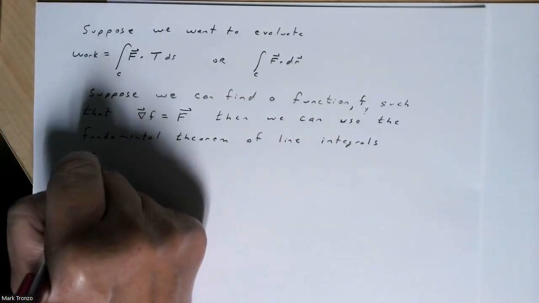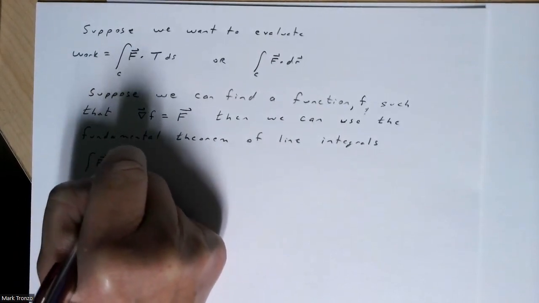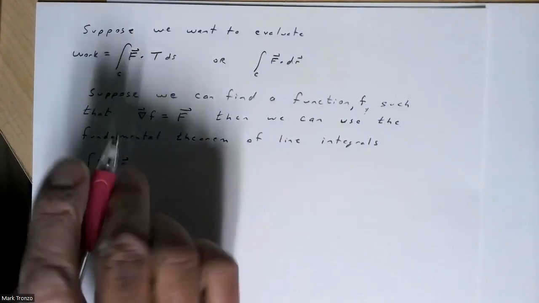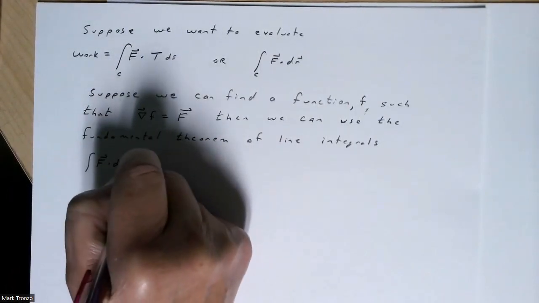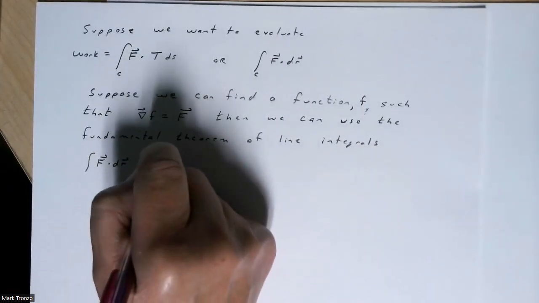And so let's suppose you wanted to find this, and then you have this potential function, and that's what we call this small f here, a potential function.